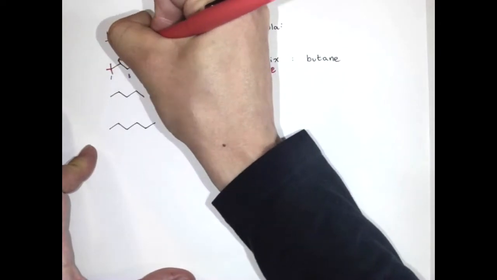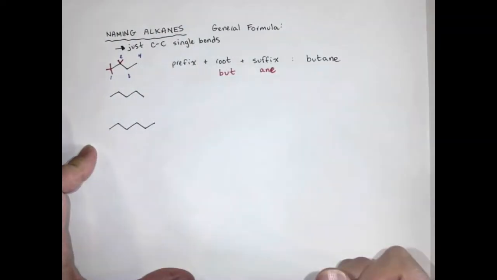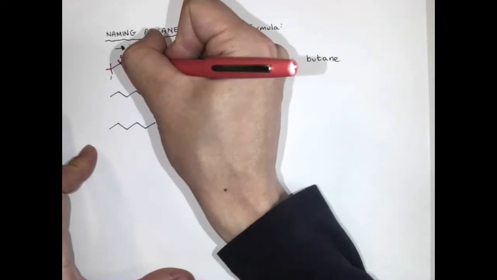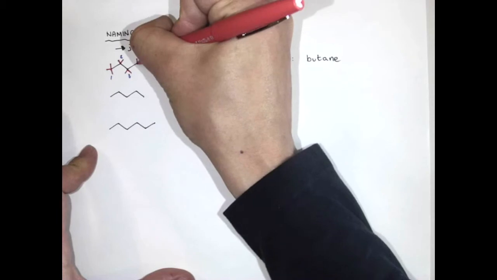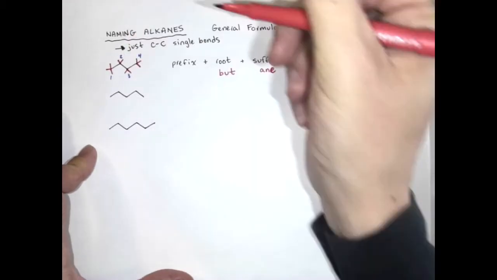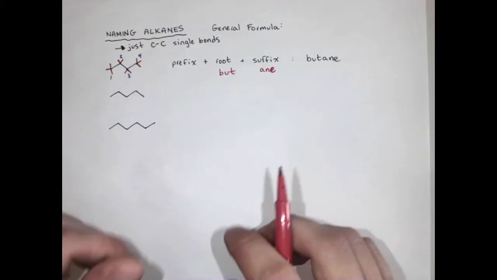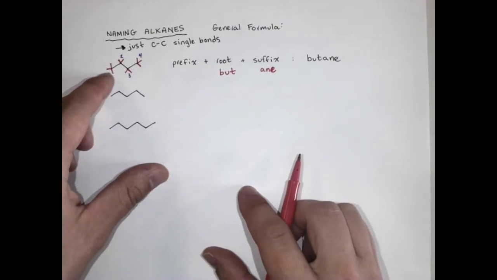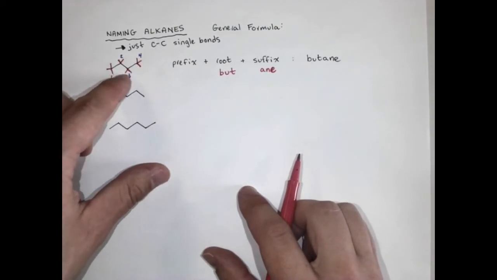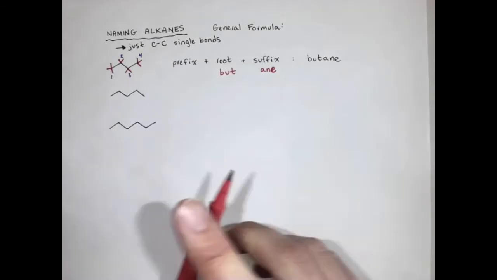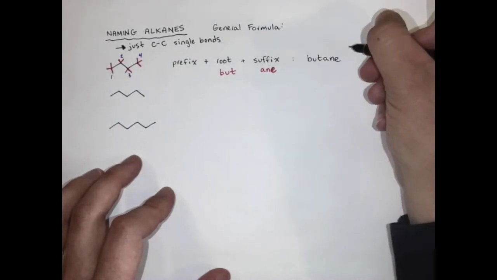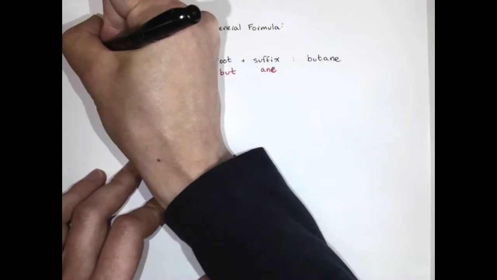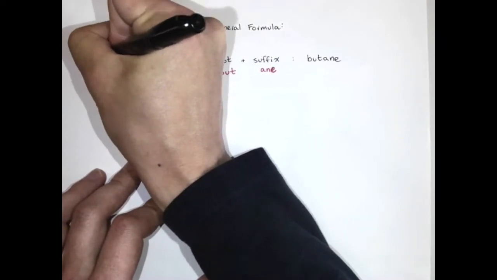That means it's got 2 spots left over for hydrogens, so it will have 2 hydrogens. Same thing will happen with carbon 3. And then carbon 4 is just like carbon 1, it's going to have 3 hydrogens. Now, how many hydrogens do I have in total? I've got 1, 2, 3, 4, 5, 6, 7, 8, 9, 10, which means that the molecular formula is C4H10.